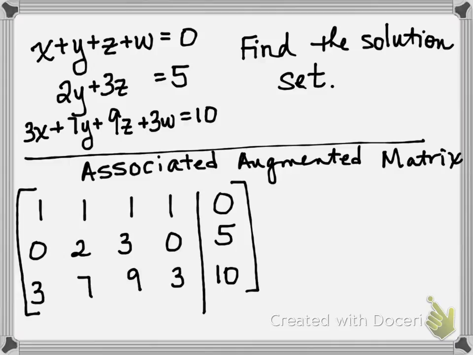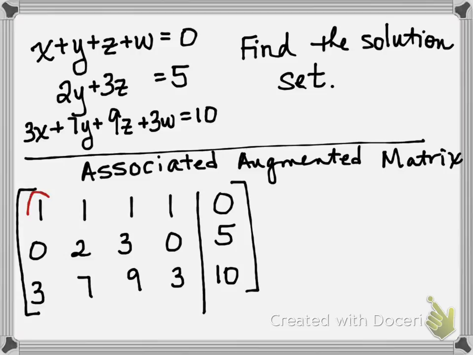So we're going to try to put this matrix in what's called row echelon form. So we want leading ones in each row, and the leading one in each row needs to be to the right of the leading one in the row above it.